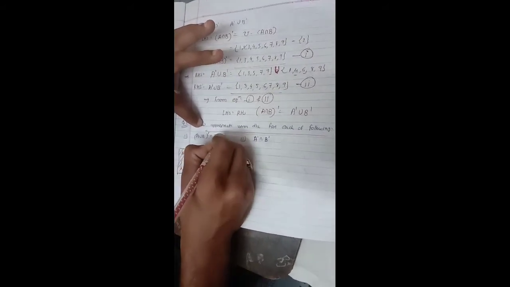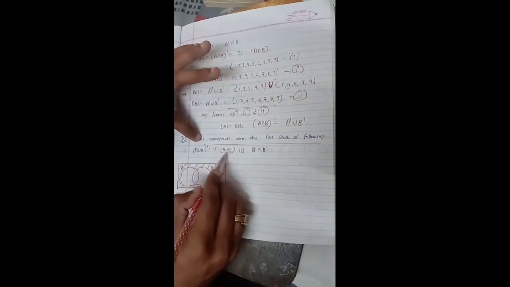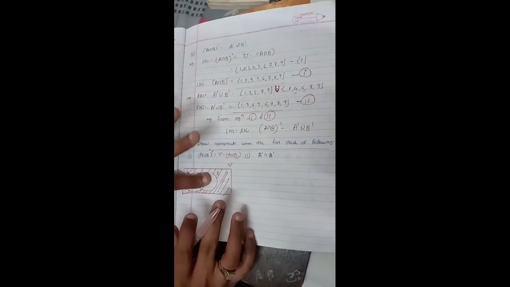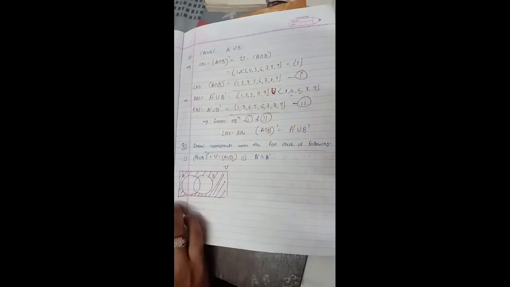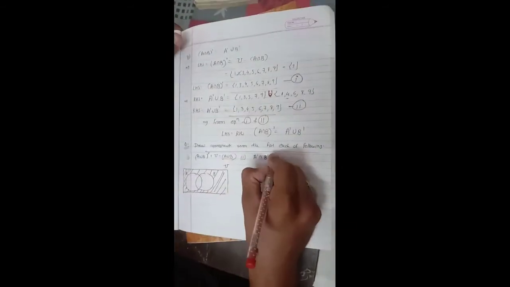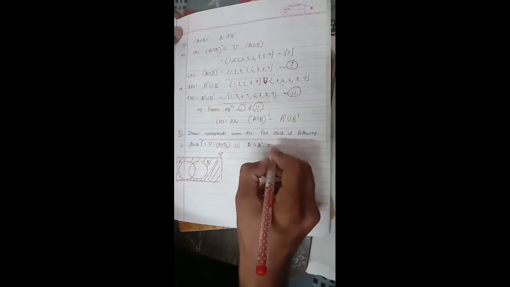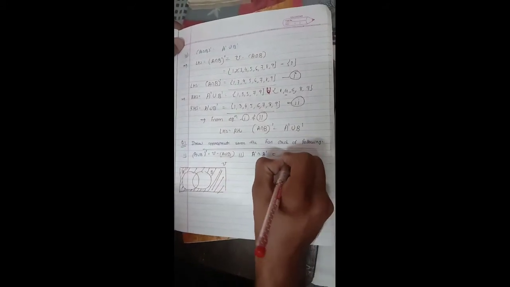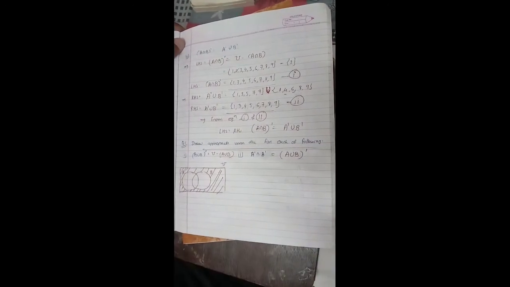U minus A union B means you have to cut A union B from U. Cut A union B from U, means the remaining is the outer portion. Now A dash intersect B dash. First of all you have to write using De Morgan's law. A dash intersect B dash means A union B whole dash.